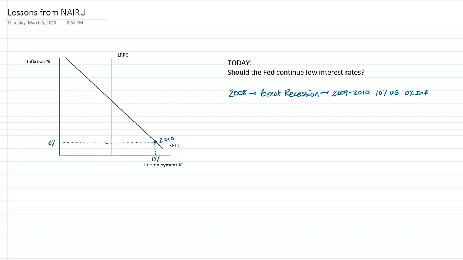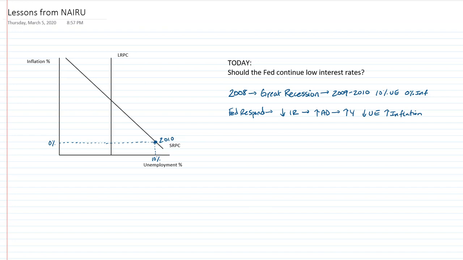So the next thing we know is that the Fed responded by cutting interest rates. And cutting interest rates would increase aggregate demand, hopefully, and gradually over time that increase in aggregate demand would increase output, drive unemployment down, and slowly begin to increase inflation or the price level.